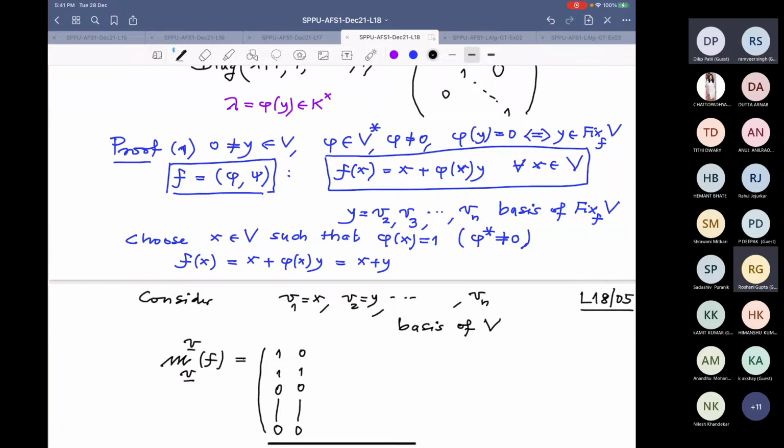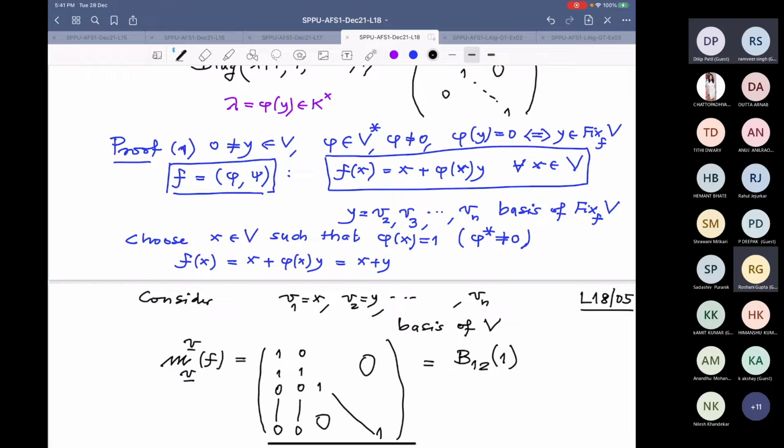Phi of y is 0, so this term will go away. So f of y is y, and the next column is 0, 1, 0. The remaining vectors are fixed, so the rest is diagonal, with zeros elsewhere. So isn't this matrix B1,2,1?